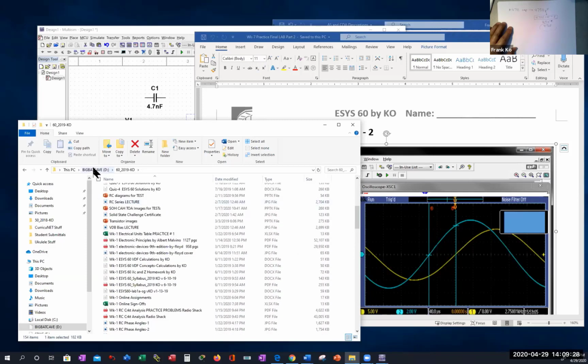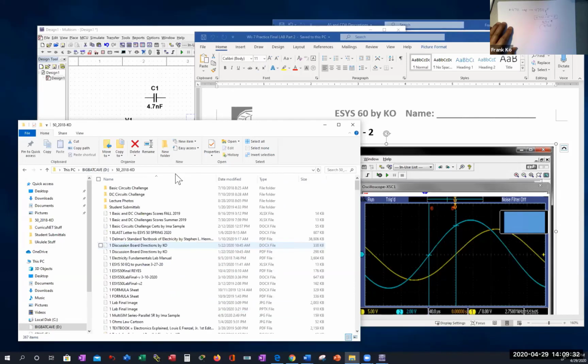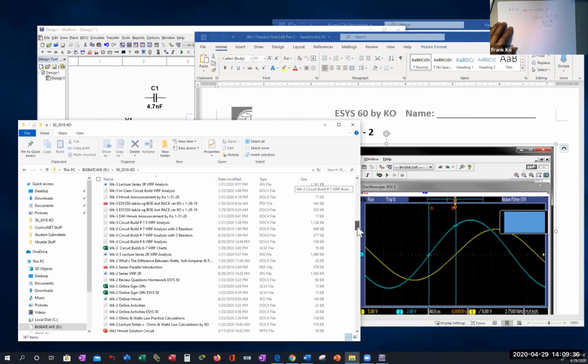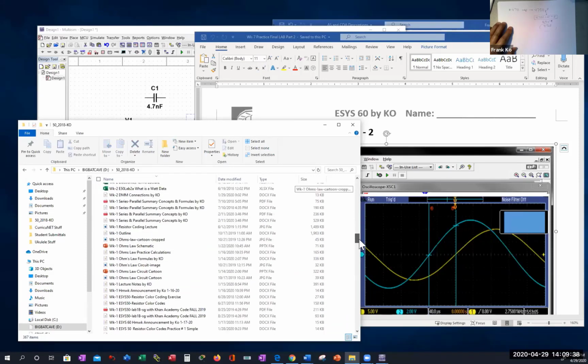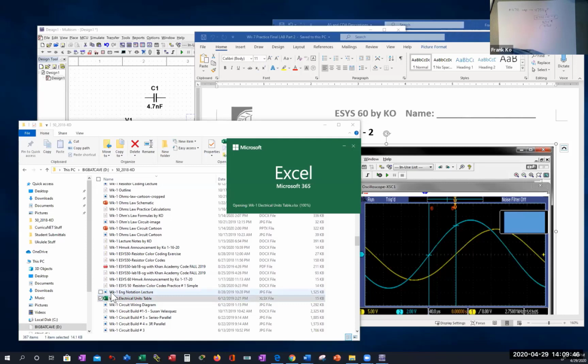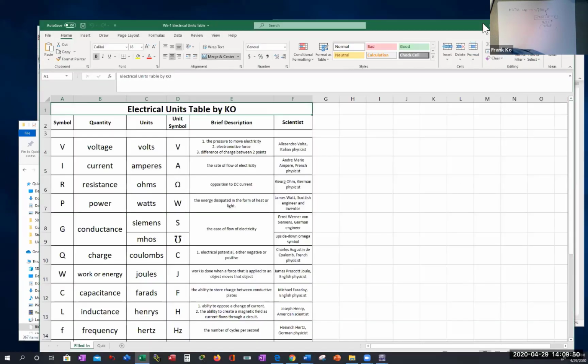Oh, here. Helps if I'm looking in our class. And I said to put this in the front of your notebooks, electrical units table, because now we're getting to the point where we're actually looking at a number of these items. Everybody can see my electrical units table.